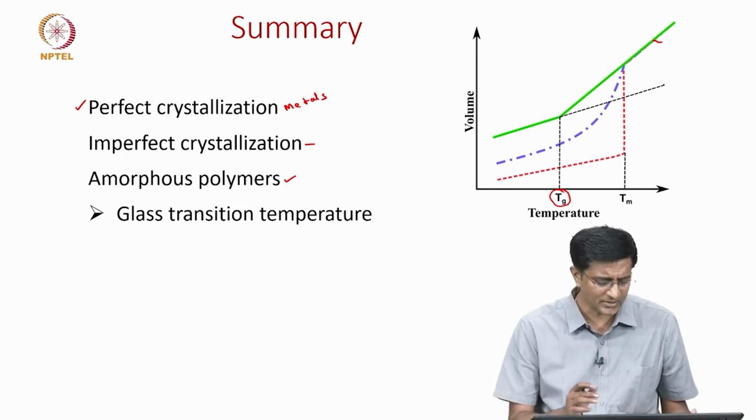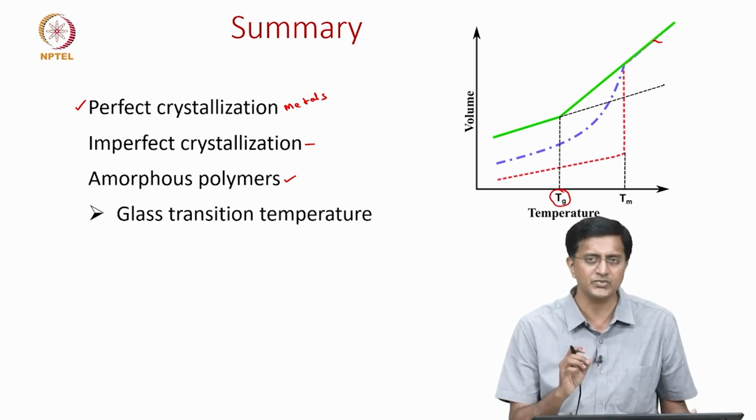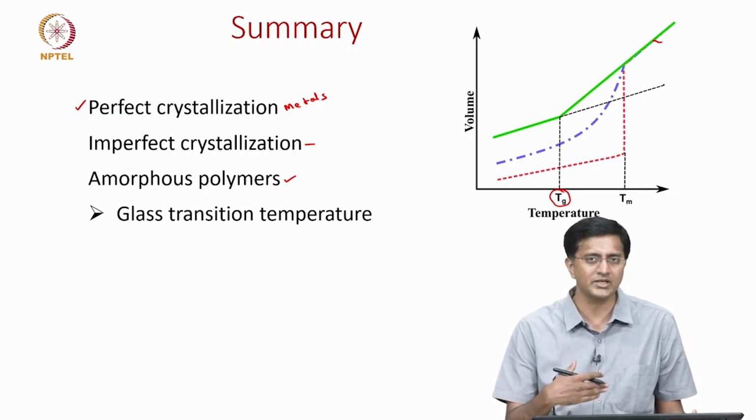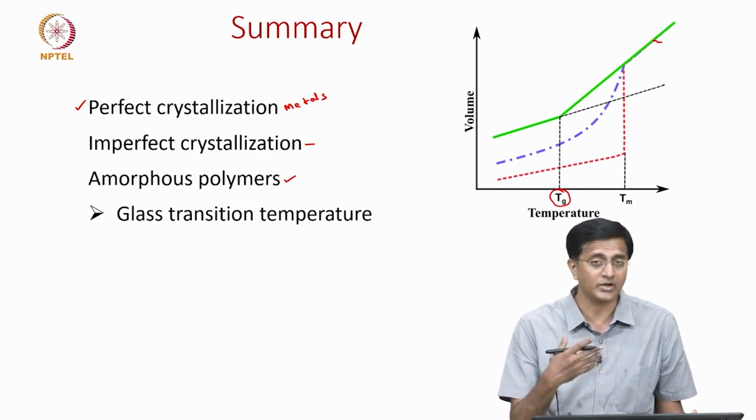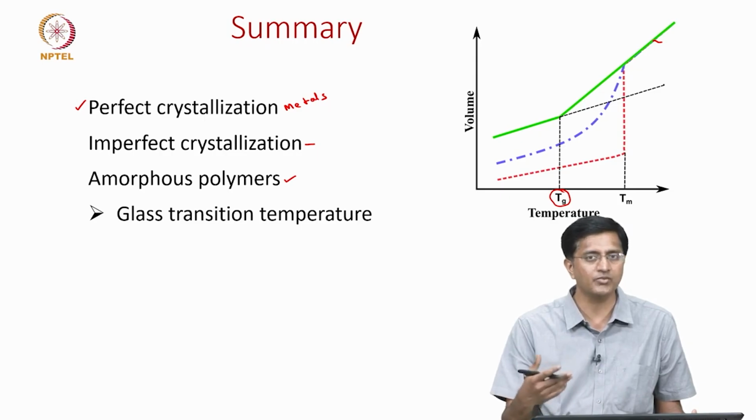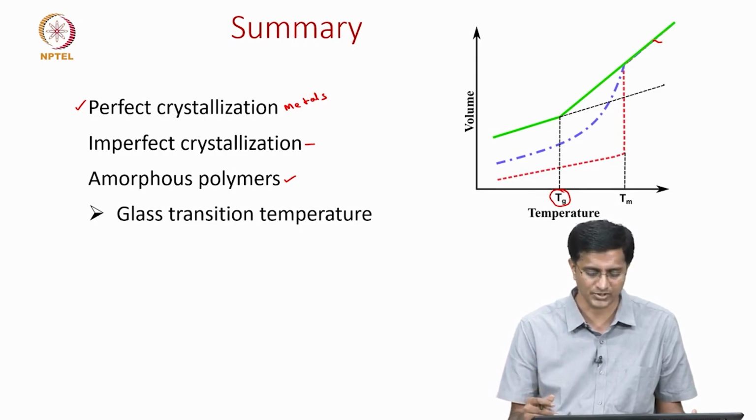We defined this concept of glass transition temperature, which is very specific to polymers and very important for us to understand their mechanical behavior, as well as to choose a good polymer for a particular operating temperature.